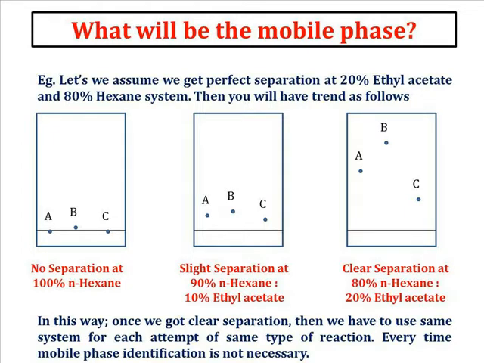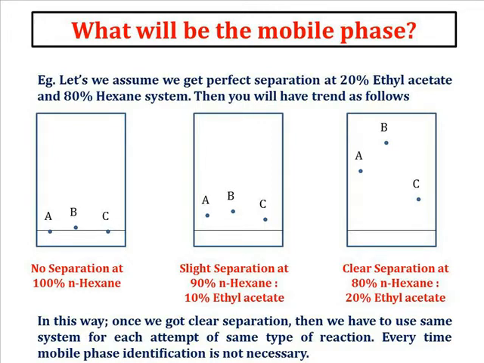If spots are not moving, you have to add a polar solvent, most probably ethyl acetate. You add 5% ethyl acetate in n-hexane, and then you try to run the system. If still the spots are not moving, you make a 10% system, 10% ethyl acetate and 90% n-hexane, then try again.